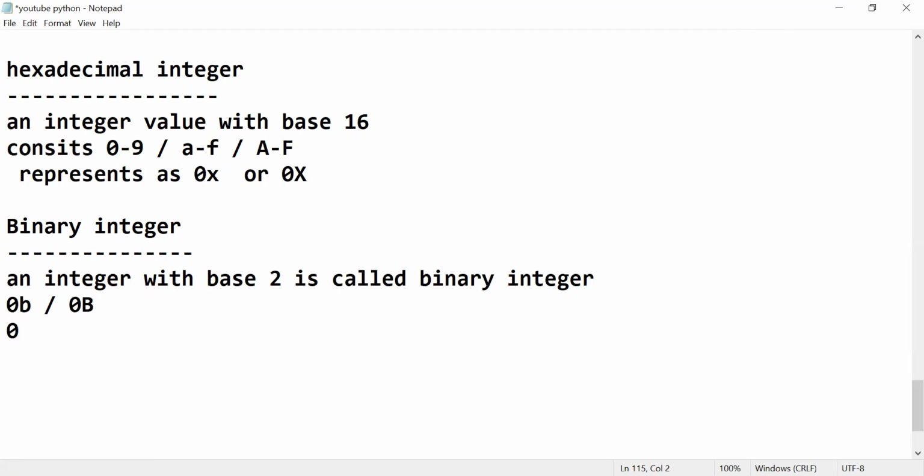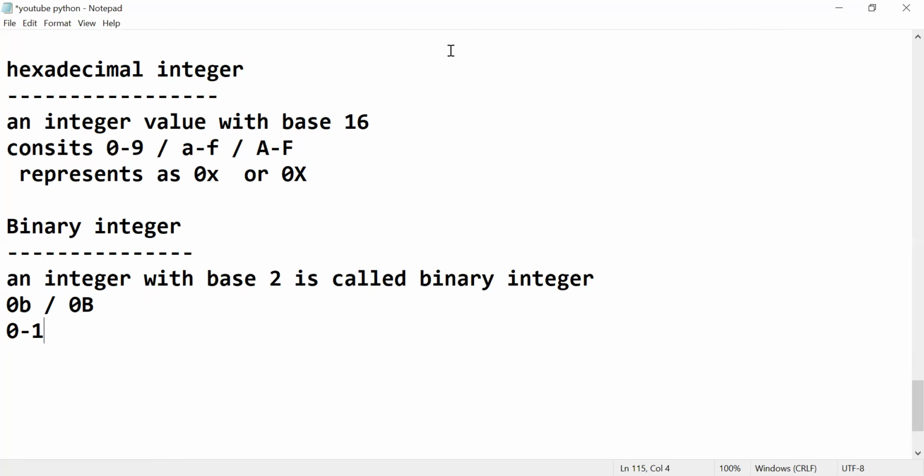Here we represent digits from 0 to 9 and here we represent 0 to 1, guys. I will take one example and I will explain it to you, guys.